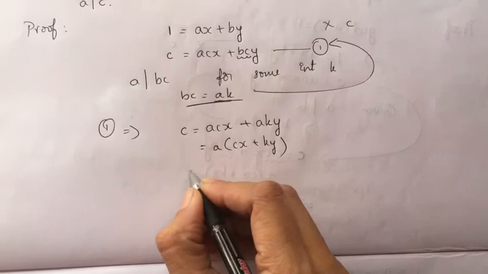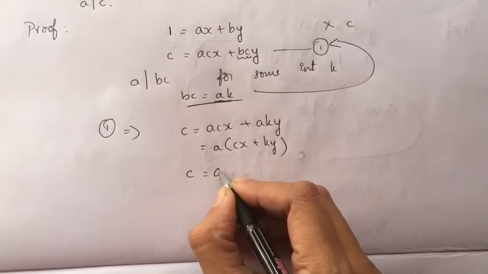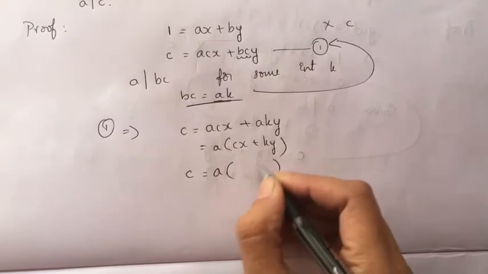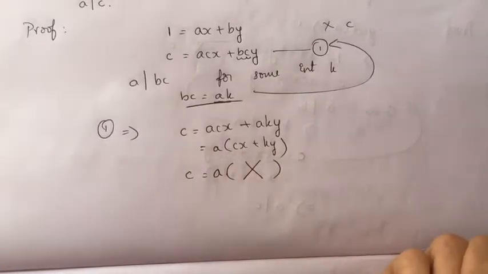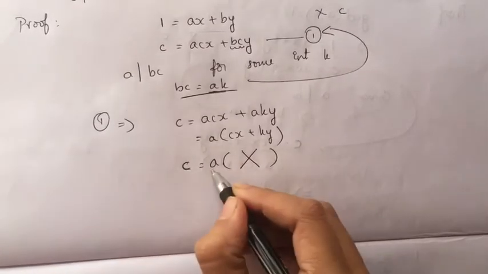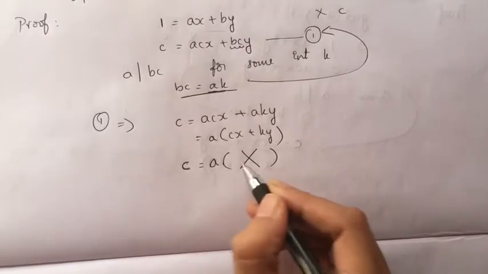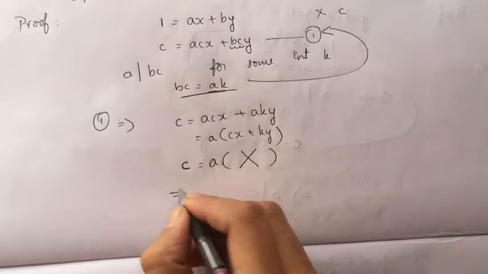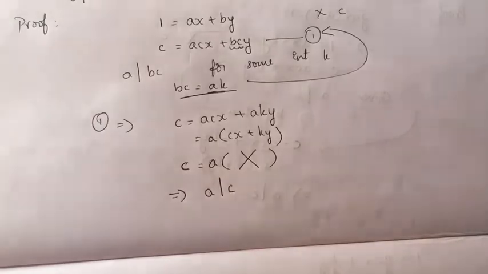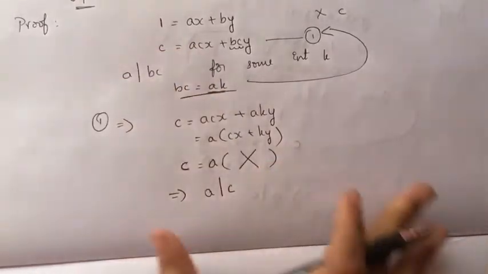I'm writing c in terms of a into some value, anything it can be, I'll take it as capital X or capital Y, something like that. I'm writing c as a product of a into something, right? Therefore, it just implies that a divides c. That is what we have to prove.